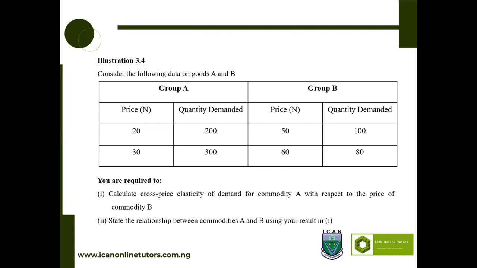We are required to calculate the cross-price elasticity of demand for commodity A with respect to the price of commodity B, and state the relationship between commodity A and B using our results. Price of group A: 20, quantity 200; 30, 300.